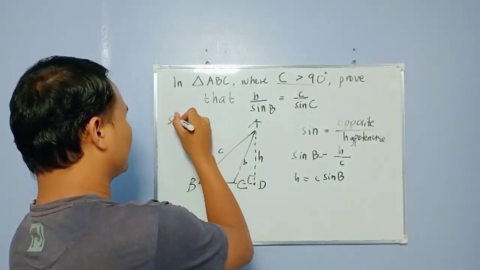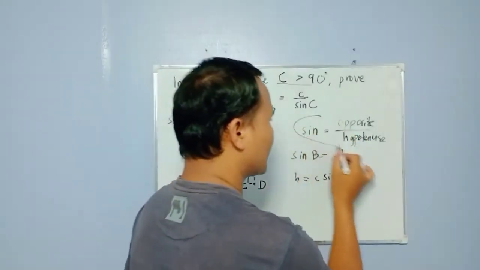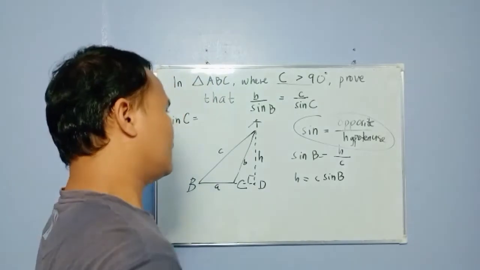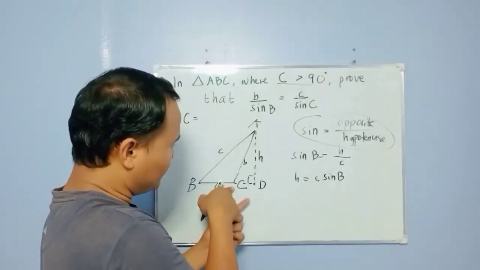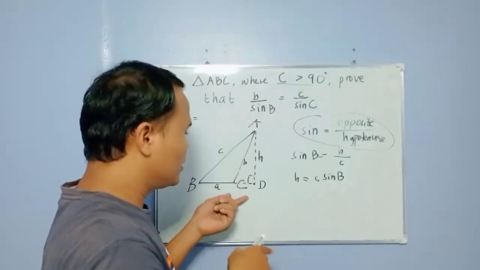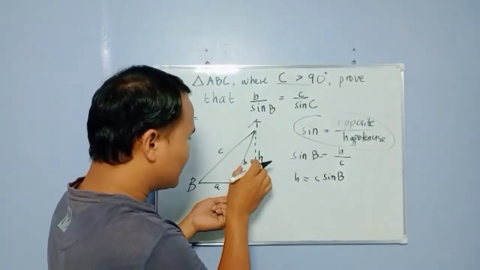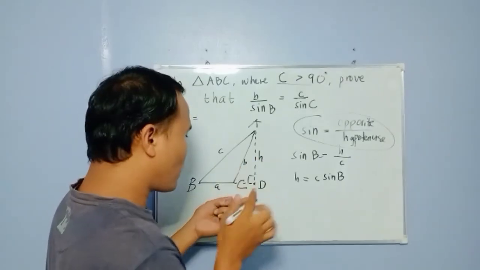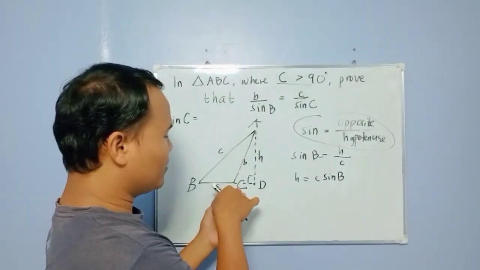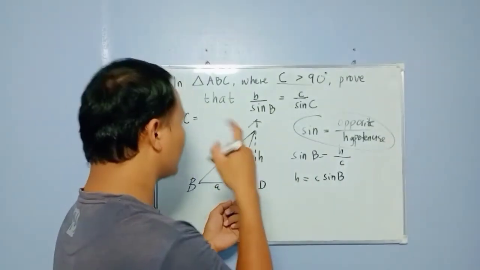Now, for sine of angle C, we are using this ratio here. Now we are referring to the smaller right triangle. What is the opposite of angle C here?